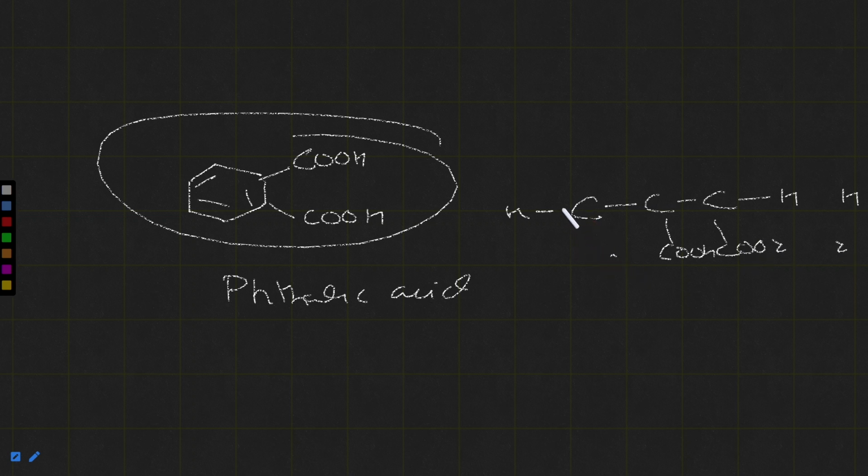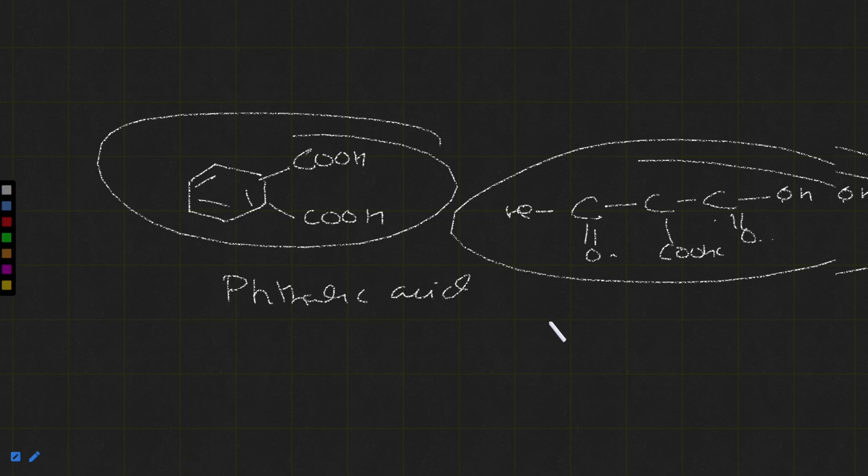Okay, sorry. OH, COO, and OH, COO. So this is a dicarboxylic acid. It is also termed as adipic acid. Then we have seen succinic acid also, oxalic acid also.